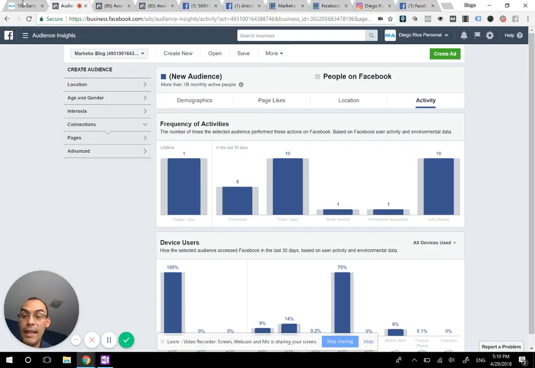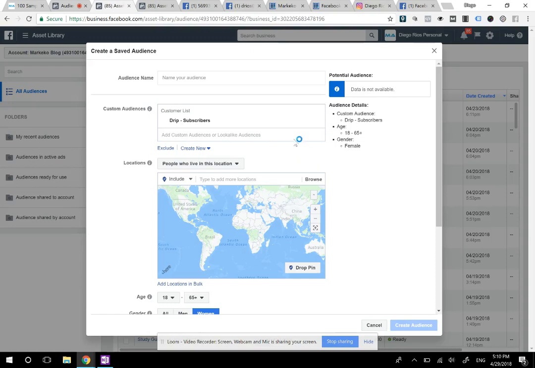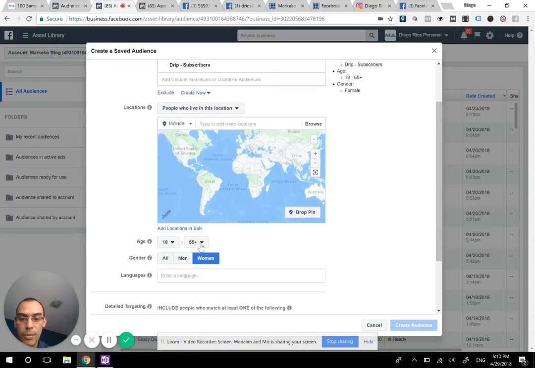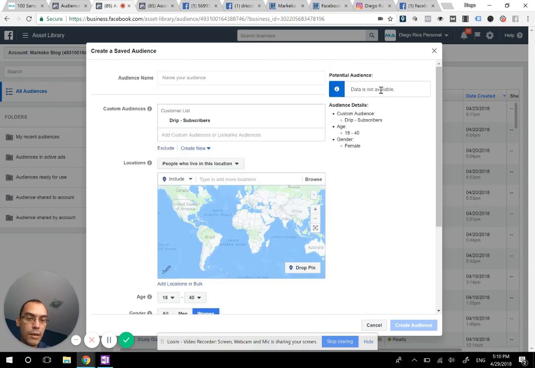If you look at it now, you can't do that anymore. If I have this customer list, data is not available. If I keep resegmenting it, women, 18 to let's say 40 years old, it still won't show me. This used to be helpful in understanding how large a specific segment within a database was within Facebook.